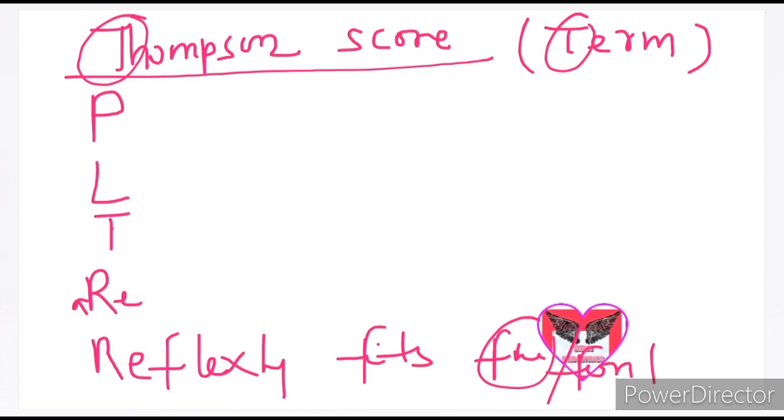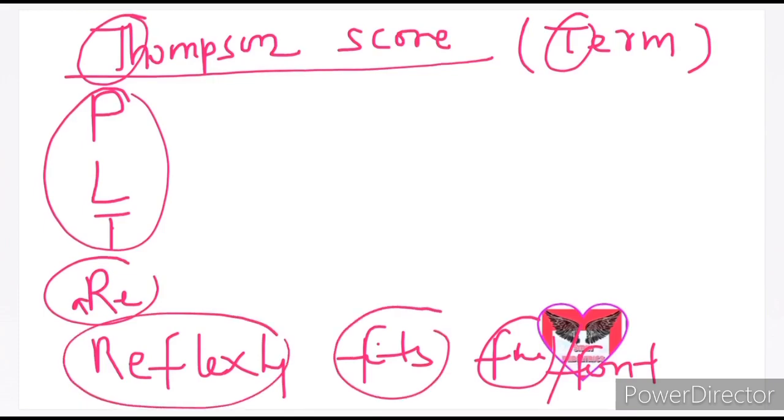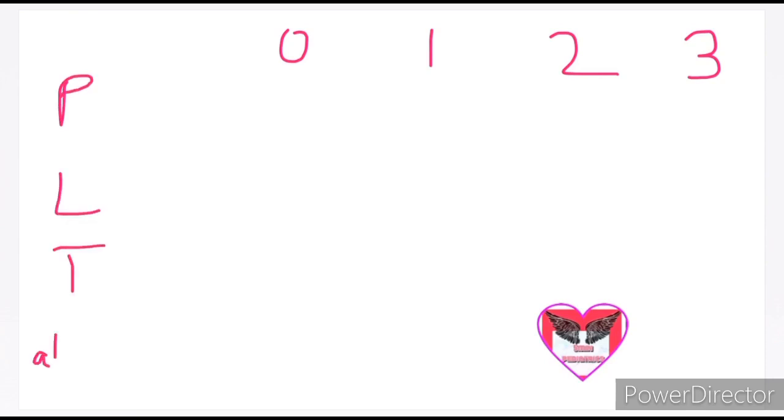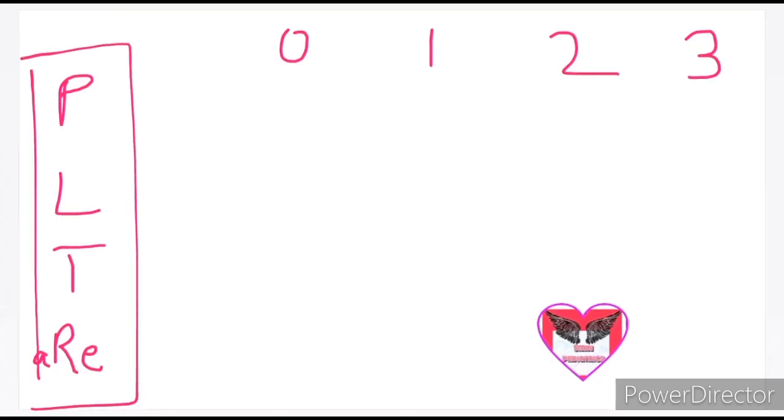That is, platelet R, reflex, fits, and fontanelle. So we have 0, 1, 2, 3 for PLT R, these four having a maximum score of 3.